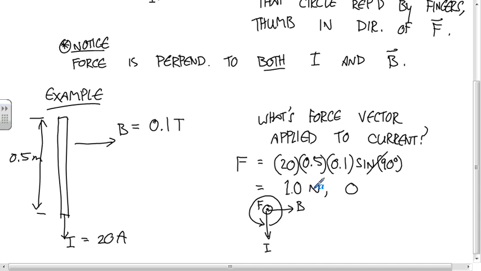So there's the answer. Any questions about that? Would it be positive? So if you had a coordinate system like this, positive z would be out, yes. So it would be 0, 0, 1.